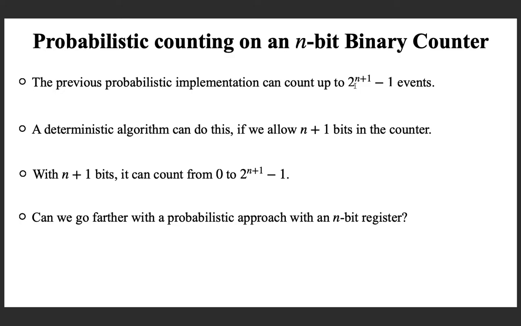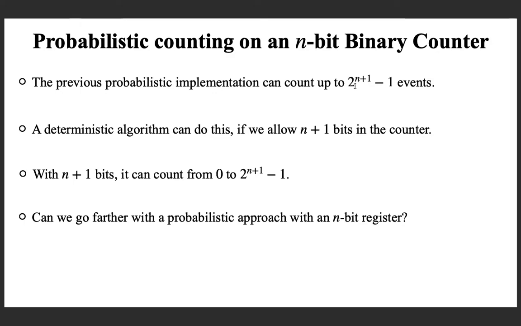Now an interesting question is, can we go farther than twice the number of events using a probabilistic approach? We have seen one probabilistic approach with an n bit counter, which allows you to count as many as twice the number of elements that you can count with a deterministic algorithm.